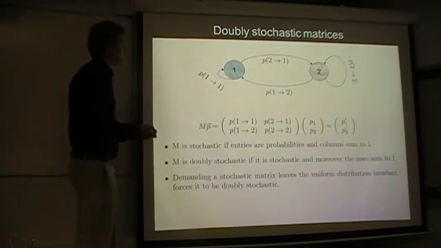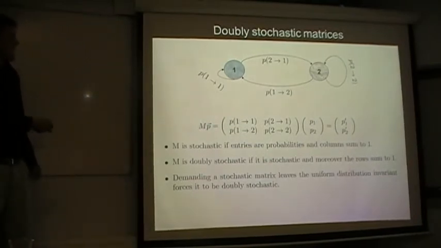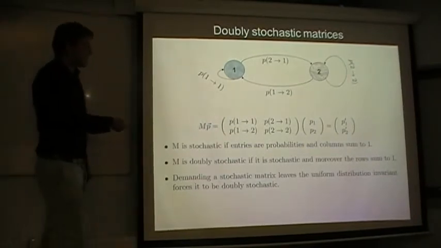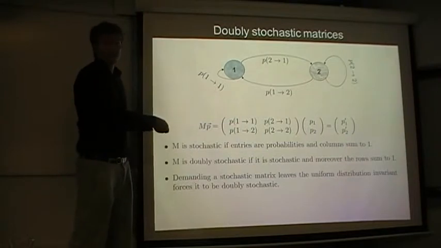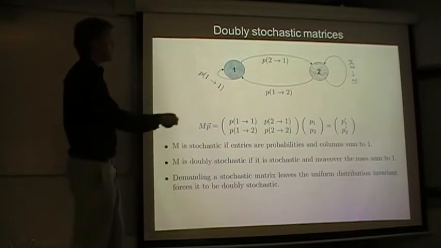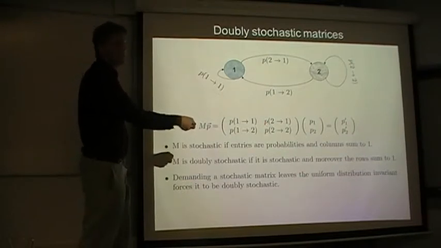Okay, sorry, so 1 should go to 2. So then this matrix has entries that are transition probabilities. For example, P1 prime is equal to the probability of staying in 1 times the probability of 1, plus the probability of hopping from 2 to 1 times the probability of 2.